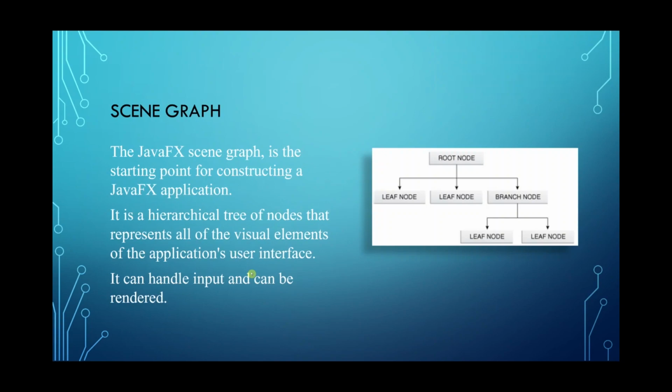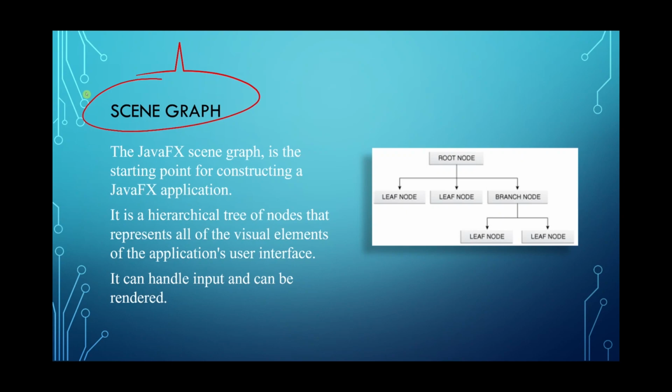So the most important thing in JavaFX for you is to get to know the scene graph. So the JavaFX scene graph is the starting point for constructing a JavaFX application. It is a hierarchical tree of nodes that represent all of the visual elements of the application's user interface, and it can handle input and can be rendered.